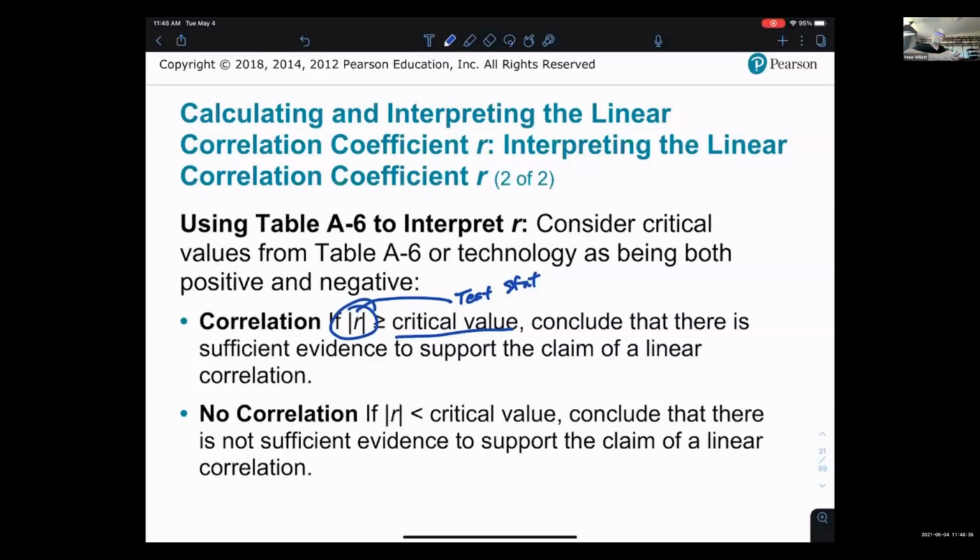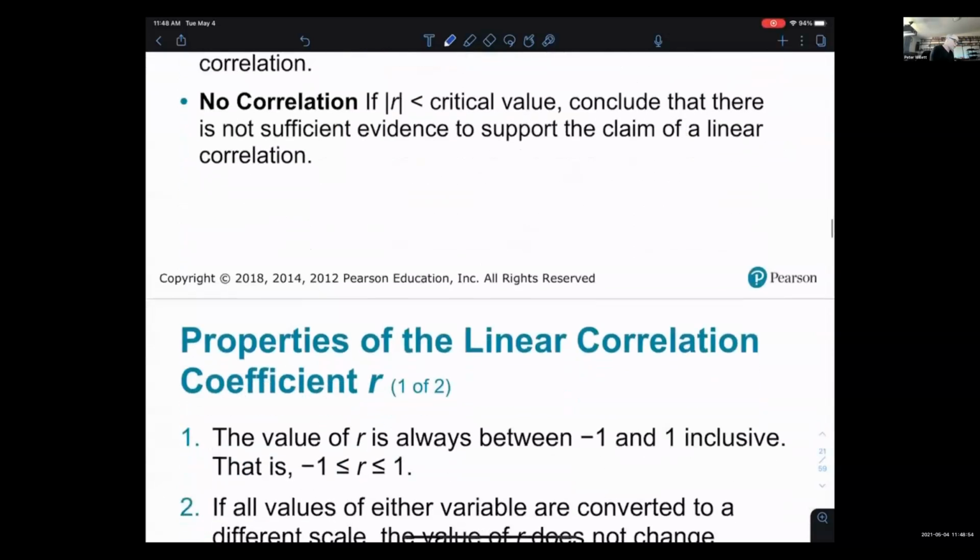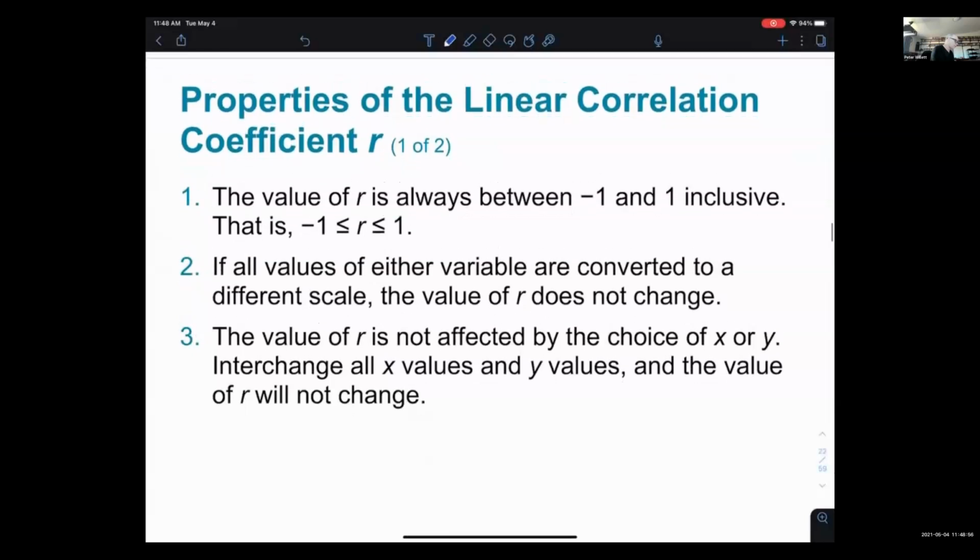But if you don't surpass the critical value of R at the significance level that's set for you, then there would be failure to support that claim, insufficient evidence. So it's newer letters, and for whatever reason, they're changing the terminology here a little bit, but it's in line logically with everything we've been doing so far.